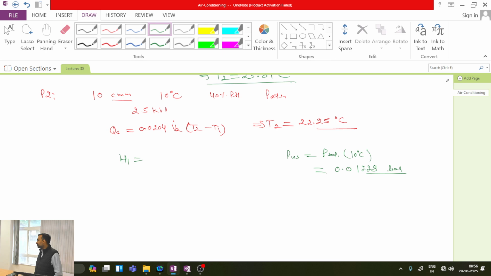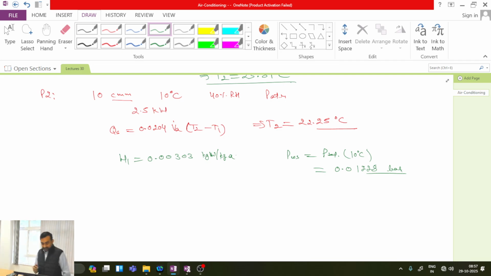Calculate it. 0.00303 kg water per kg dry air. Correct?